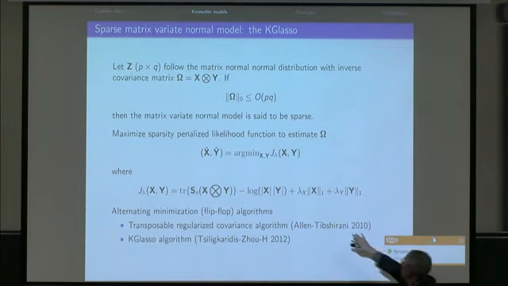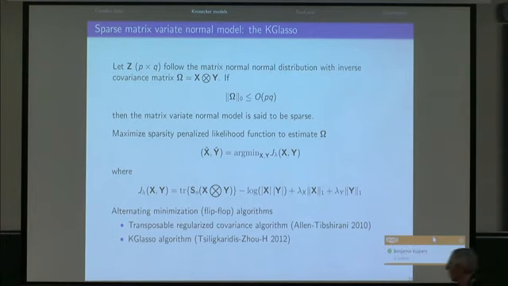And we have these two tuning parameters, lambda X and lambda Y, that control the amount of sparsity that we want to impose on the left and right Kronecker factor that goes into describing this inverse covariance. This can be called various things: transposed regularized covariance, the KG lasso algorithm.